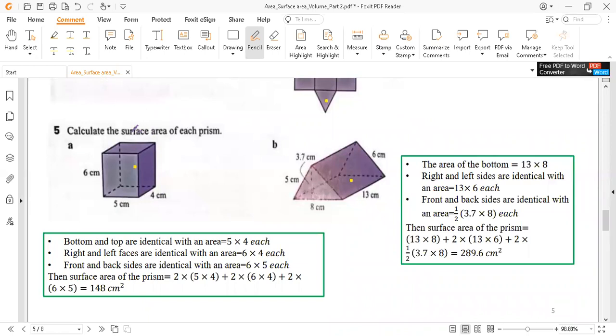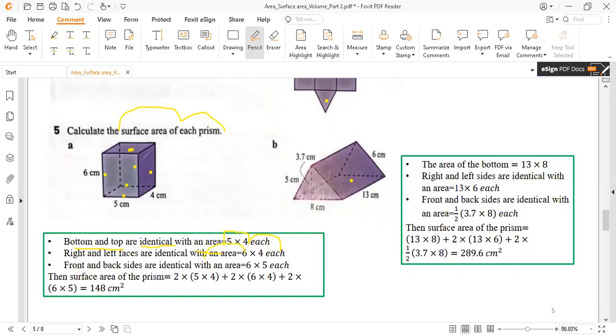So how to calculate the surface area of each prism? It is very easy. The bottom and the top are identical. The bottom is a rectangle with length 5 and breadth 4, so 5 by 4 is the area of each of these faces. The right side and the left side are identical, with an area equal to 6 by 4.